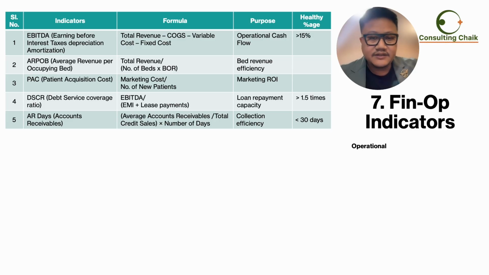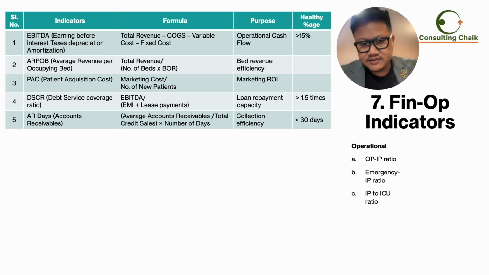So operational indicators start with the OP-IP ratio, the number of OP and the number of IP the hospital has done, and the number of emergency cases and number of IP cases, the IP cases to ICU ratio, your IP to OT ratio, and then comes your bed occupancy rate, average length of stay, and your OT utilization.